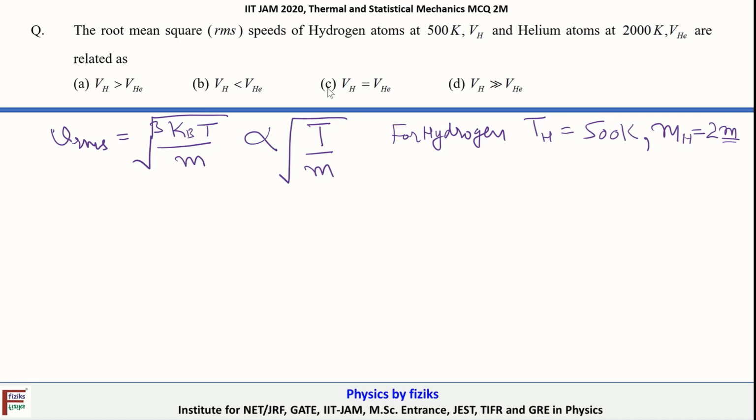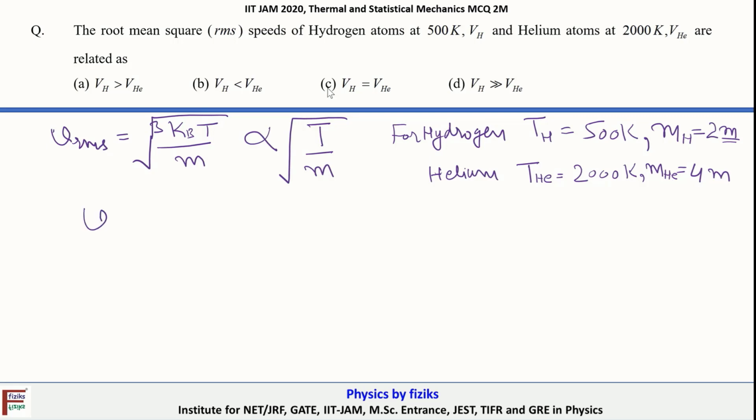Similarly, for the case of helium, T denotes the temperature at which helium is kept. It is 2000 Kelvin, and the mass of helium, I denote it mHe, because helium has 4 nucleons, is 4 times m.